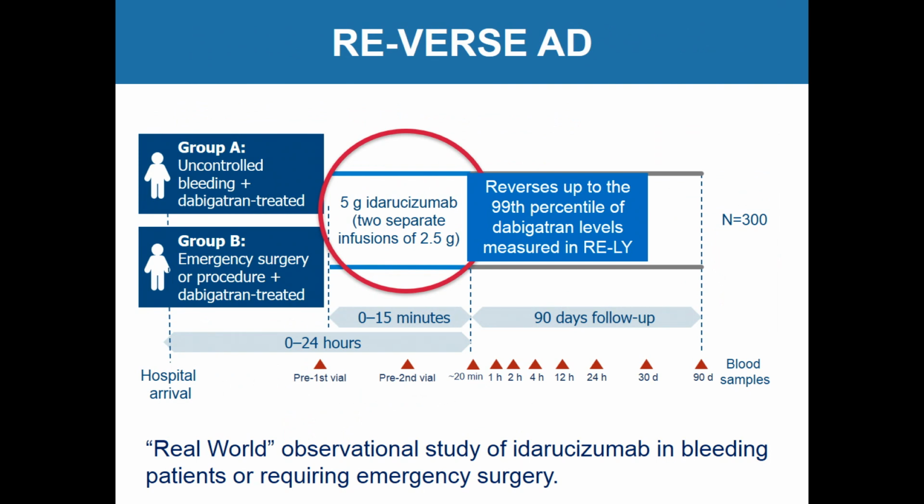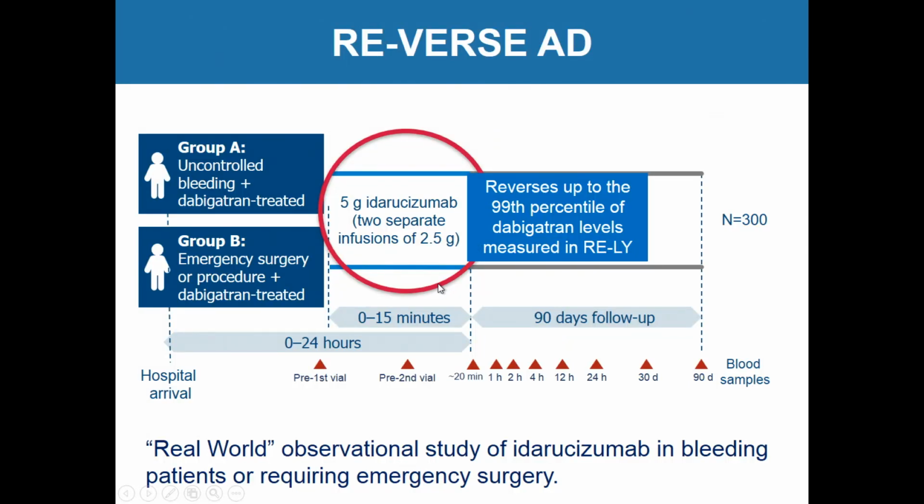RE-VERSE AD was the real-world observational study of idarucizumab in bleeding patients or patients requiring emergency surgery, on which the FDA based approval. Group A was uncontrolled bleeding. Group B were those patients who required emergency surgery. They did get a total of 5 grams of idarucizumab infused as 2 back-to-back 2.5-gram boluses.